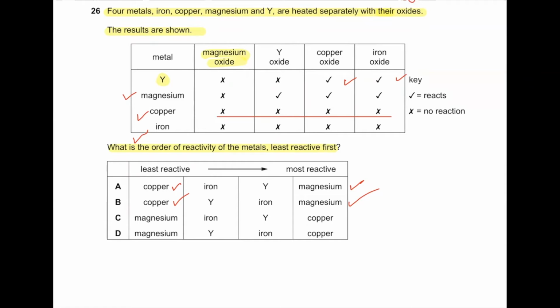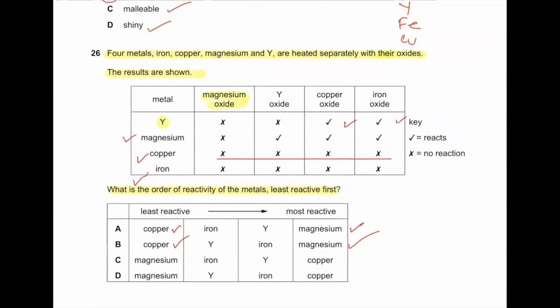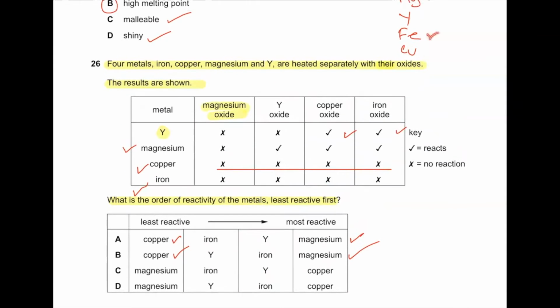So since we are given an option, least reactive first, copper and iron fall in the same category. It is only the magnesium and Y that matters. So the most reactive will be magnesium, then the second most reactive will be Y, and iron and copper can fall in the same row. So A should be the correct answer.